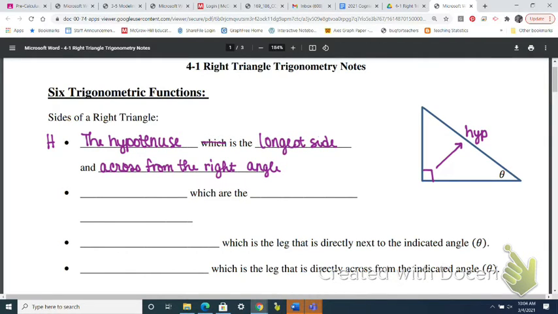So next we're going to talk about the legs. These are the sides that form the right angle. And we will label those sides as the adjacent side.